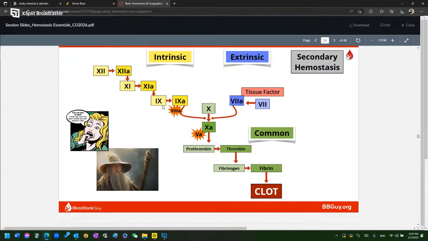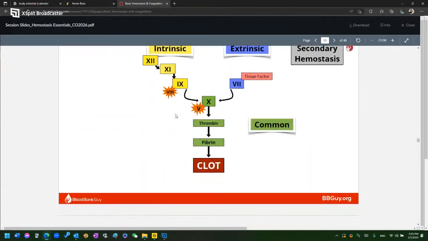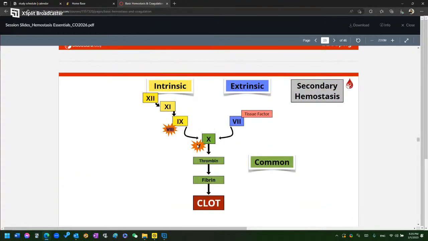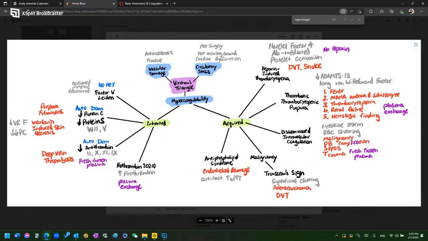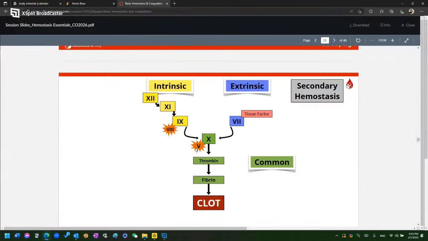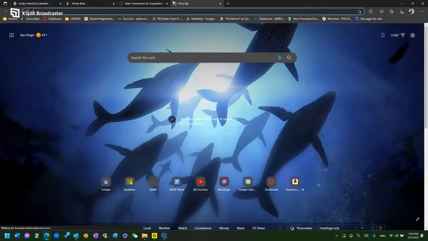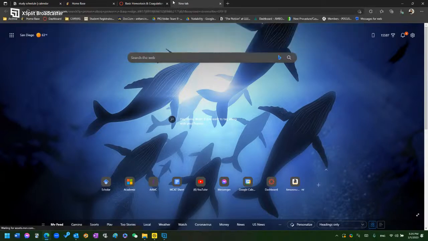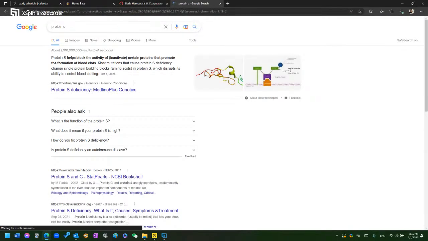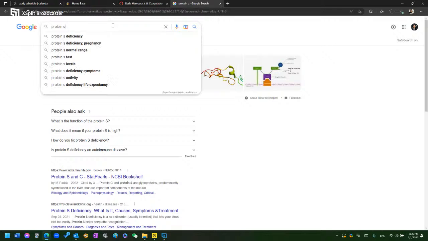So if we see here, factor 8 right here and factor 5, both of these are involved in the intrinsic and common pathway, common more importantly, but they will decrease that clotting. Protein S, they're glycoproteins.